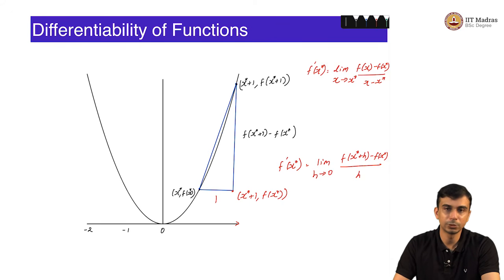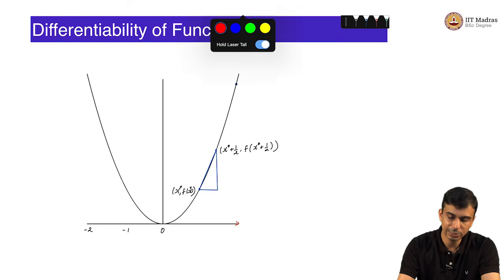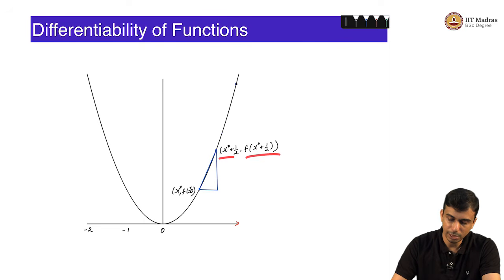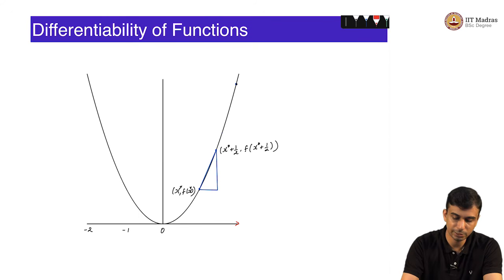You can reduce h even further from 1 to, let us say, half, in which case it becomes x star plus half comma f of x star plus half, x star comma f of x star, and this point would be x star plus half comma f of x star.